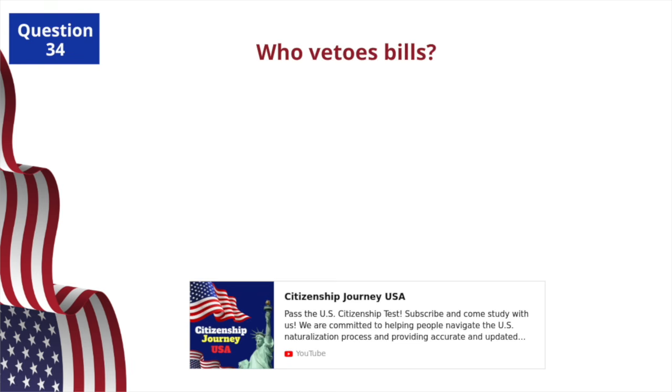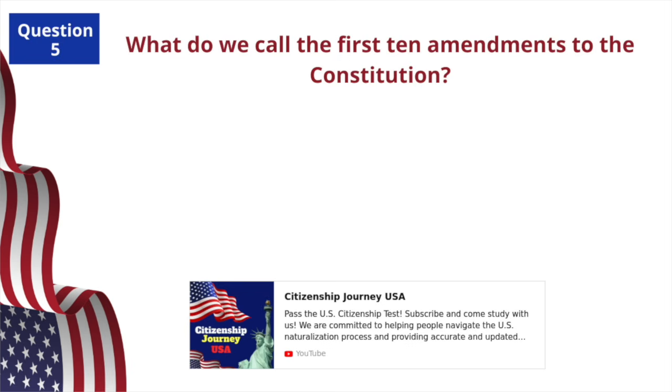Who vetoes bills? The President. What do we call the first 10 amendments to the Constitution? The Bill of Rights.